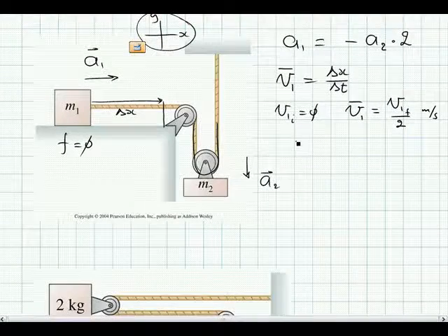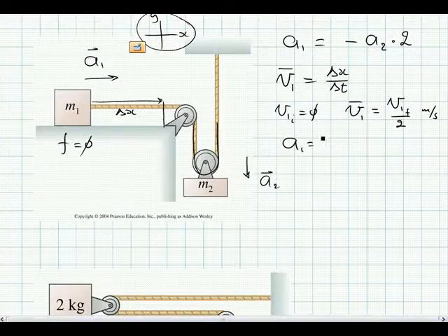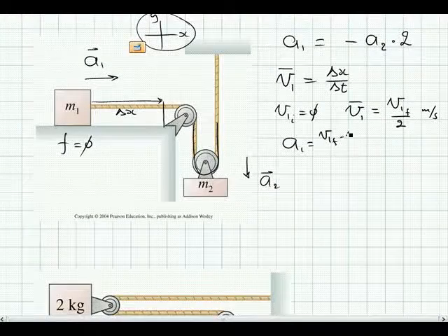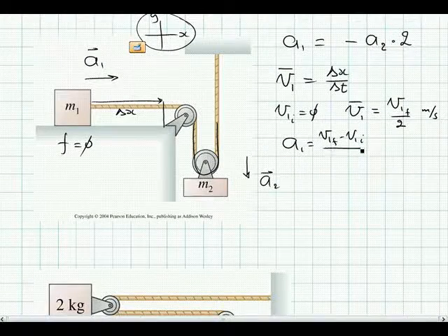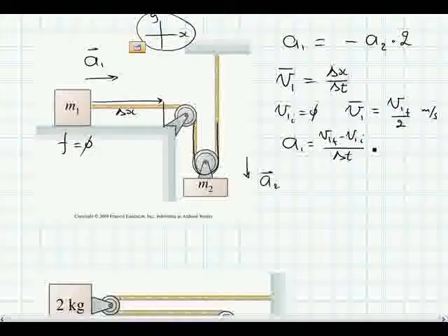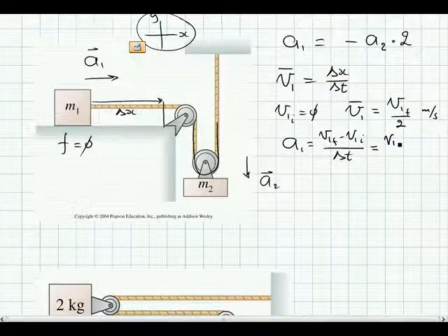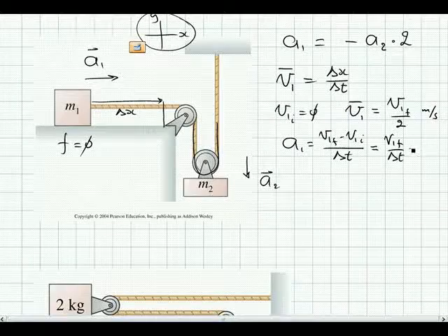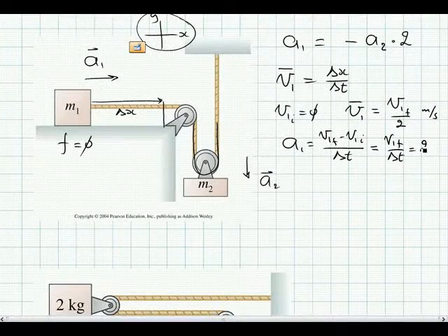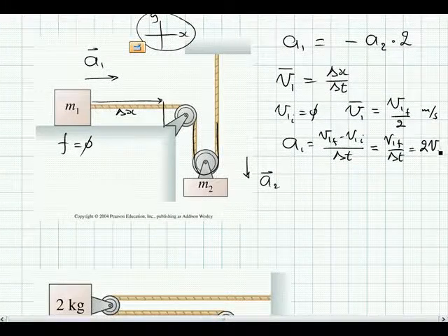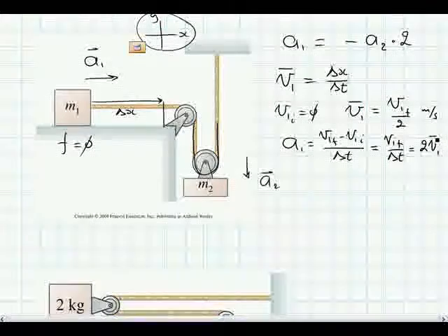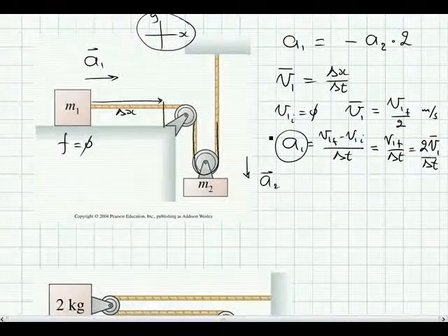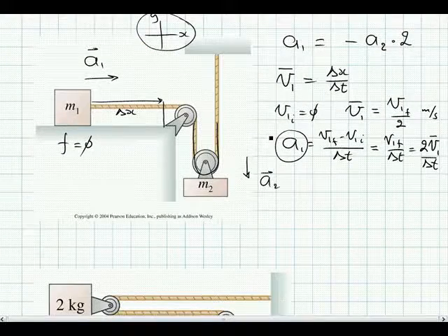Now, acceleration of 1 is defined as velocity 1 final minus velocity 1 initial divided by delta t, which is equal to velocity 1 final divided by delta t, which is equal to twice average velocity of 1 divided by delta t. That's my acceleration of the first object, m1.